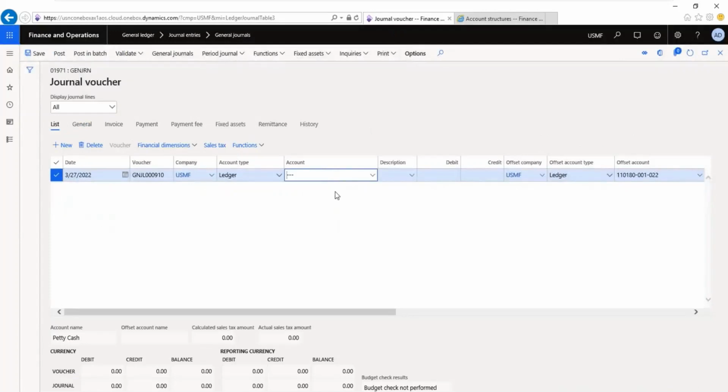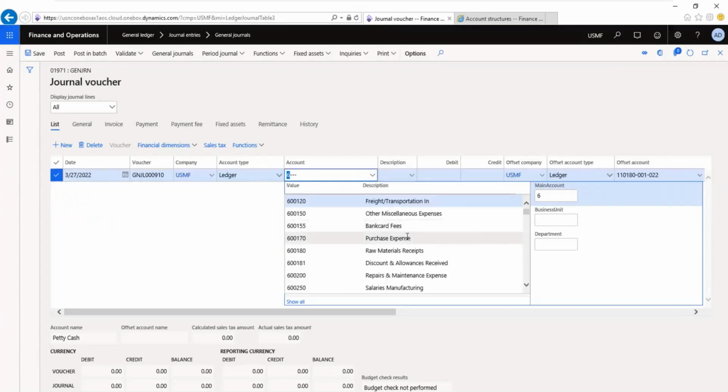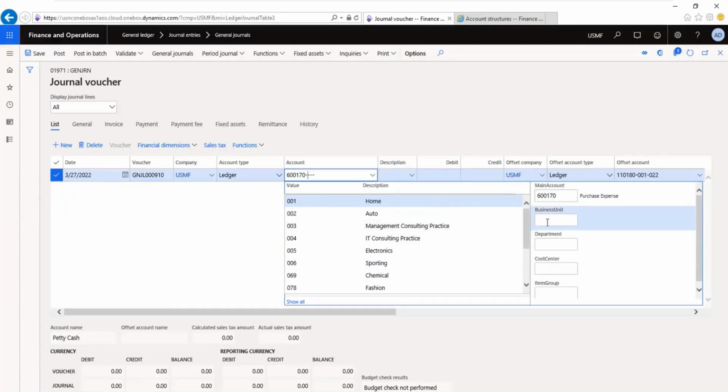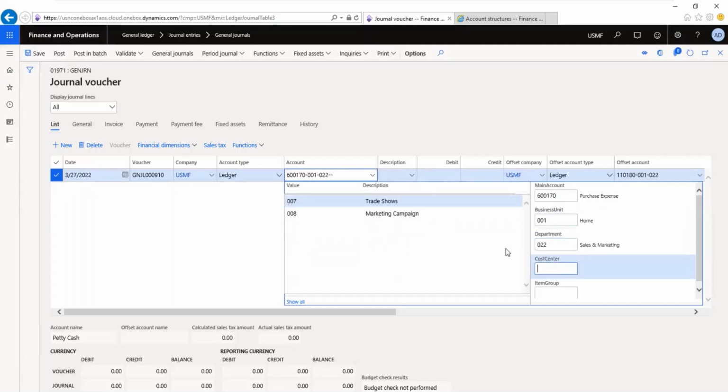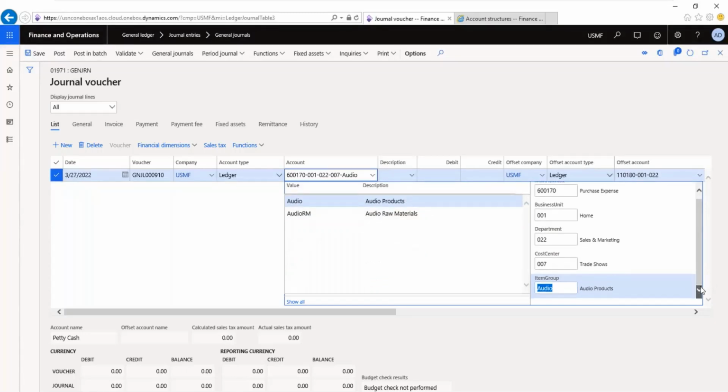Suppose I'm selecting 6 series. Now it is telling me to map business unit, map department, map cost center, map item group. Anything else? Nothing.